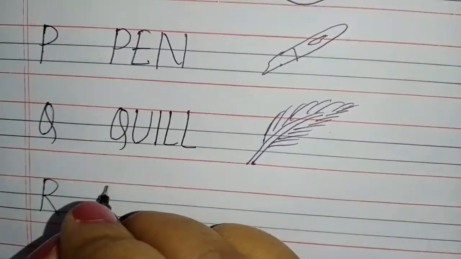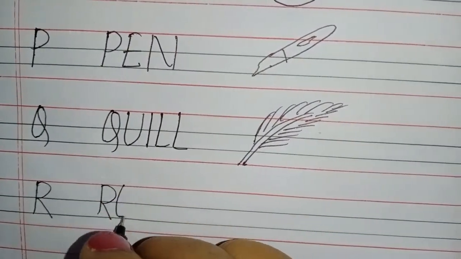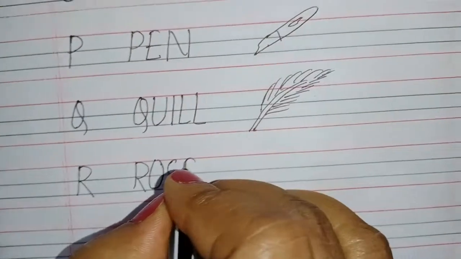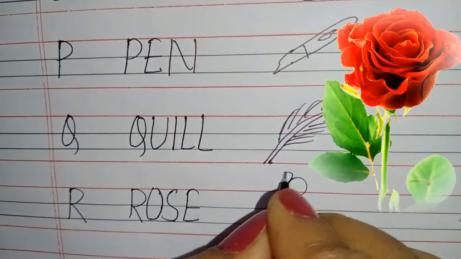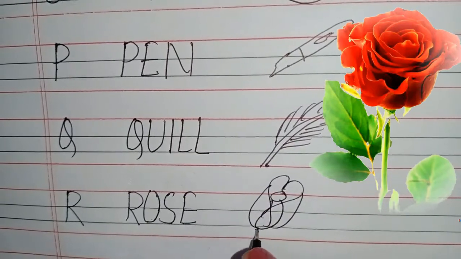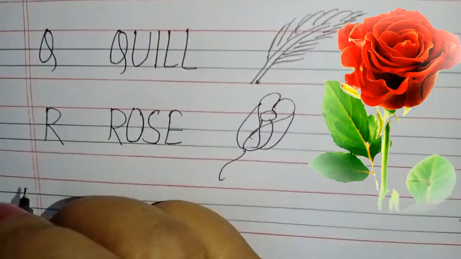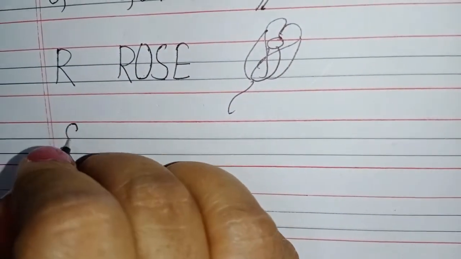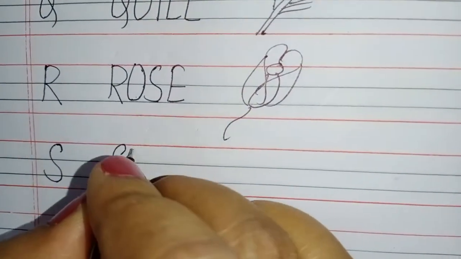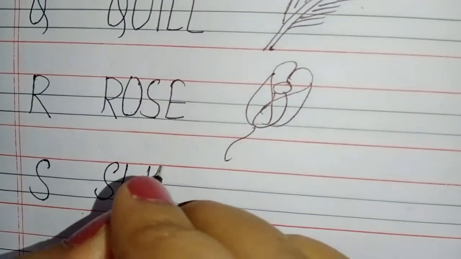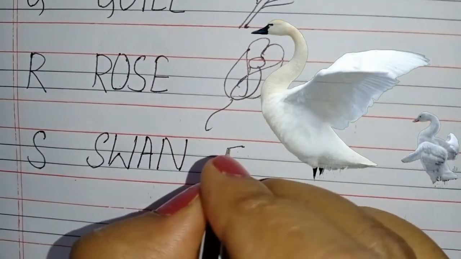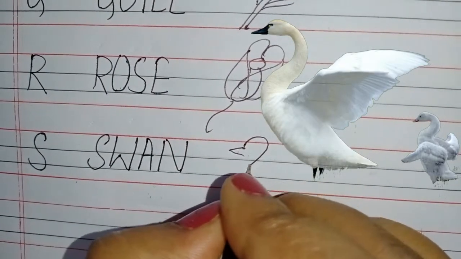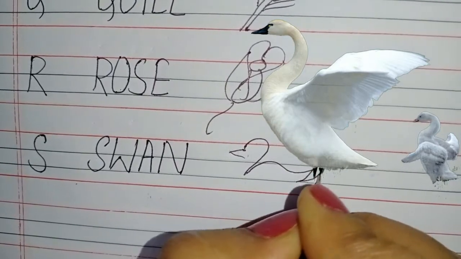R. R O S E. Rose. R for rose. S. S W A N. Swan. S for swan.